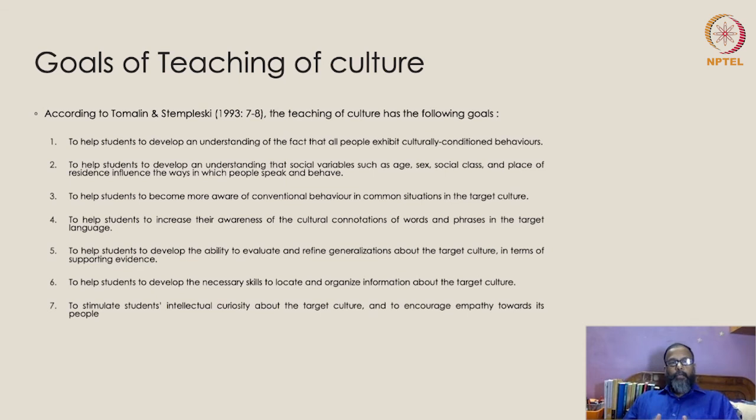Third goal is to help students to become more aware of conventional behavior in common situations in the target culture. We all speak English, right? But Indian English appears different from British English, not only in terms of linguistic structures, but also in terms of socio-cultural context, right?